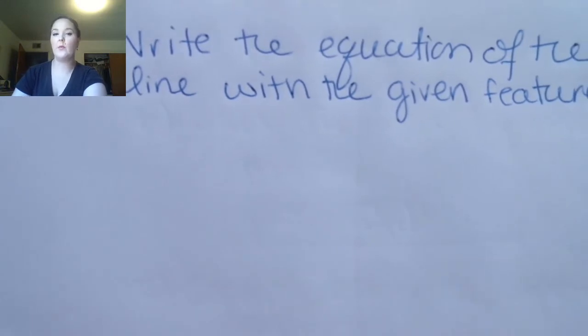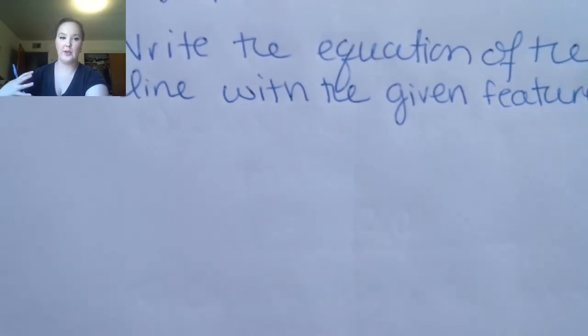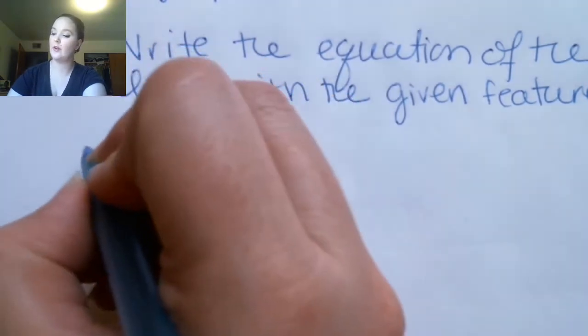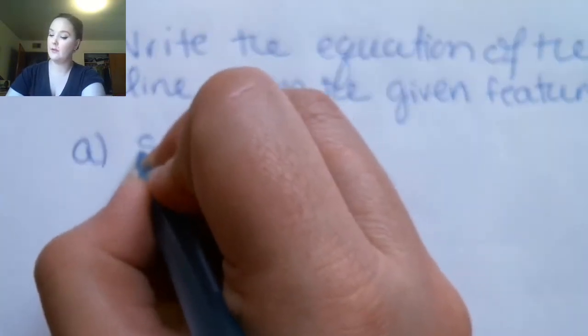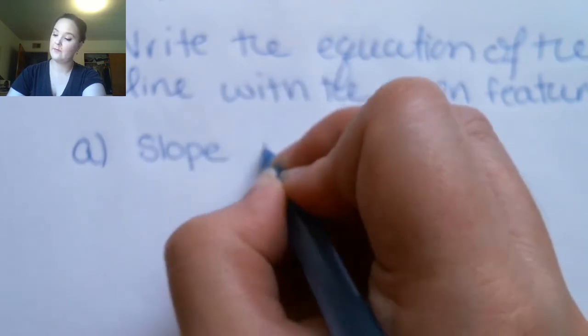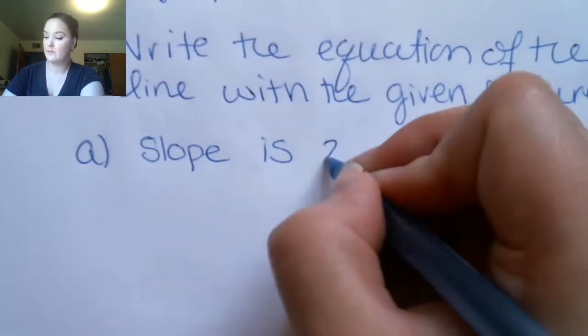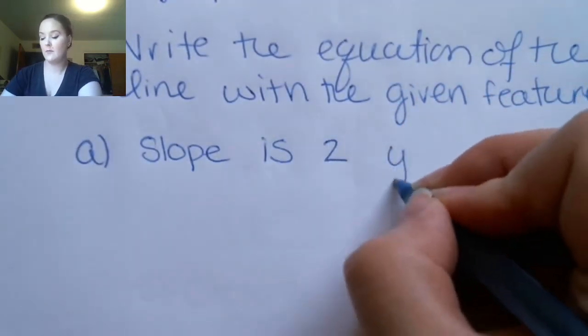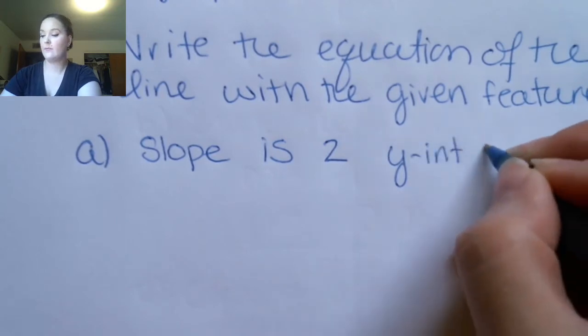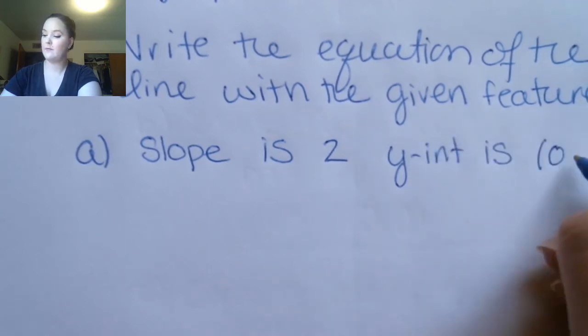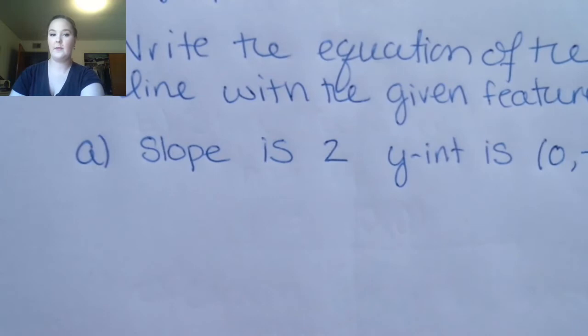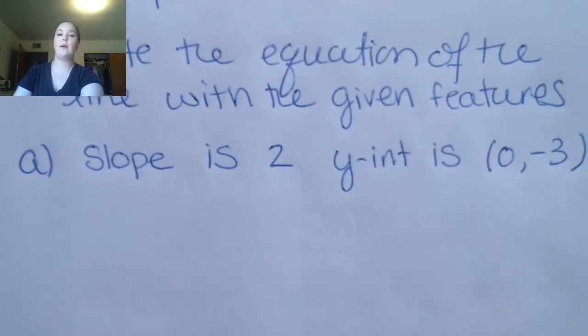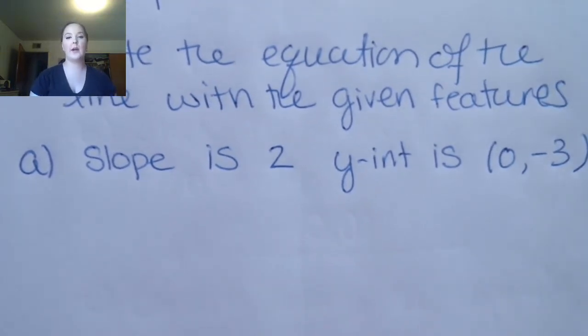Okay, so now we're going to get some information about a line, and we're going to write the equation as opposed to the other way around. For this line, we have that the slope is 2 and the y-intercept is (0, -3).